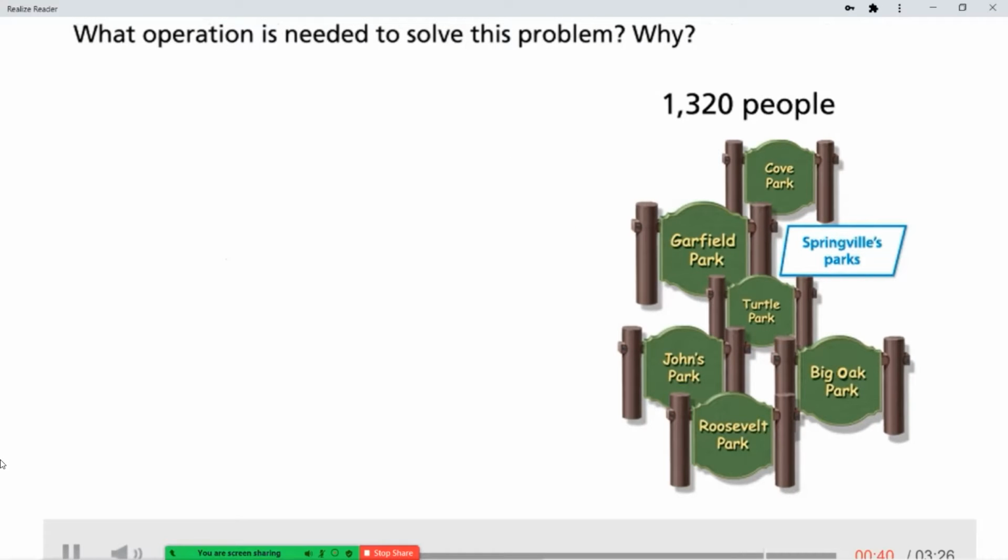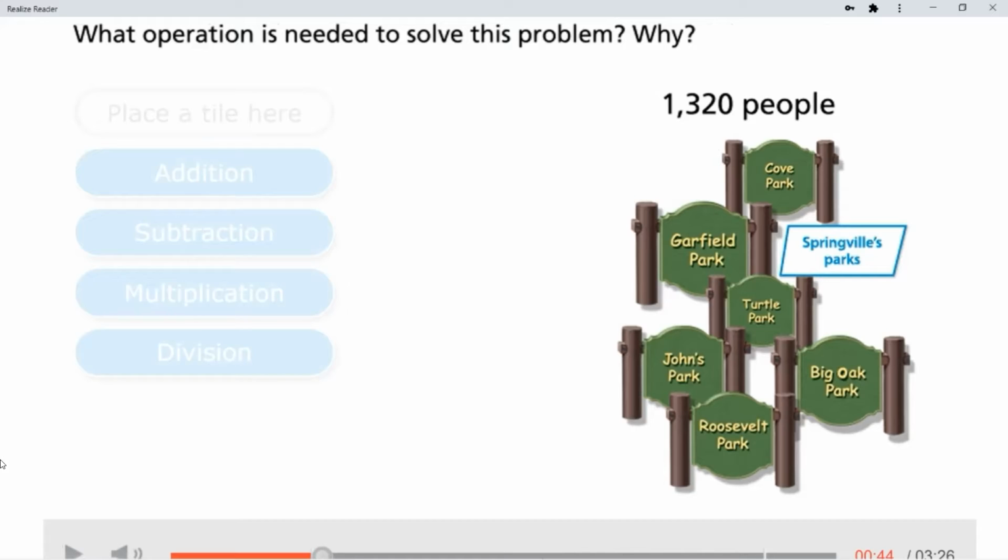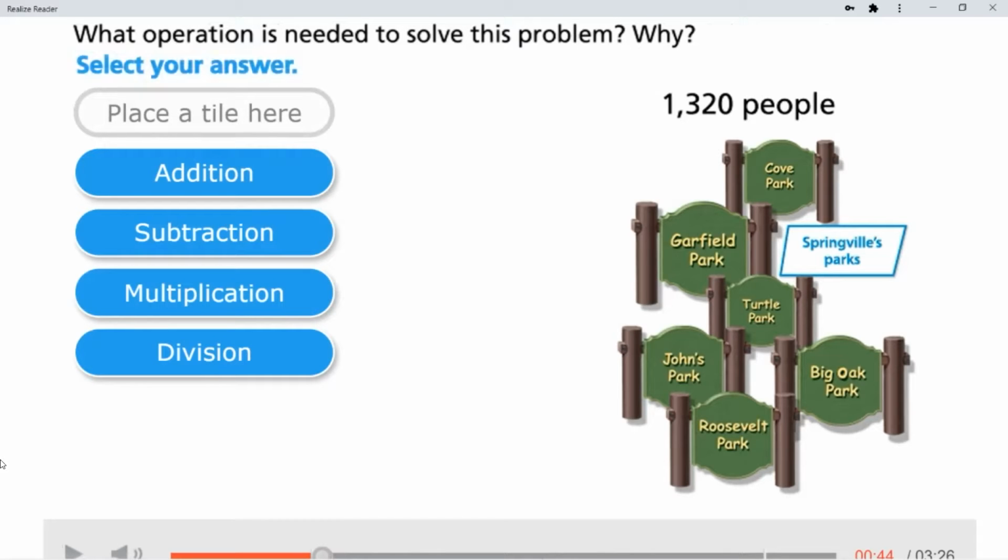What operation is needed to solve this problem? Why? Select your answer. So for this question, they're asking us how many people need to go into these equal groups, these equal teams to help clean up. If they gave us a total number and we know we're going to be splitting them into equal groups, that means we're going to be dividing.